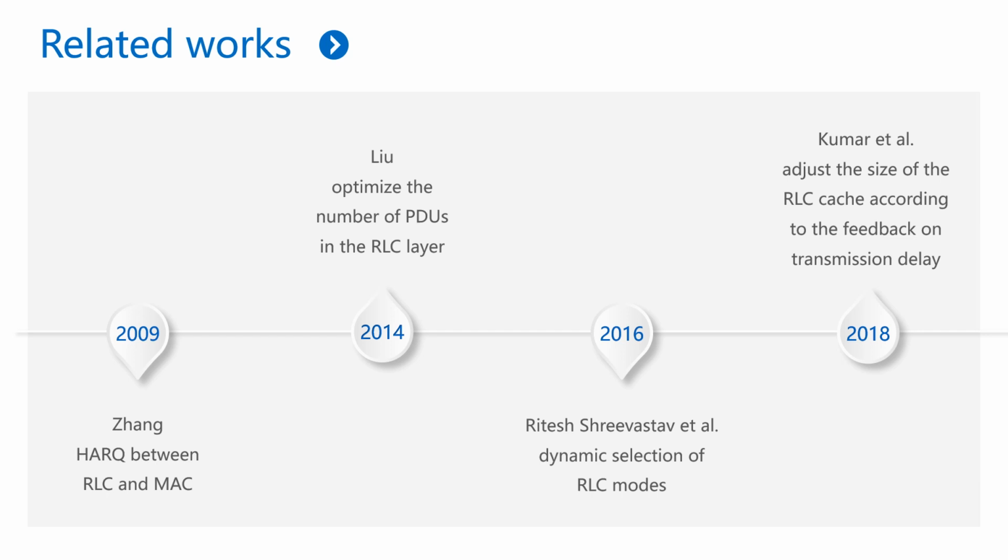In 2016, Ritesh improved system transmission efficiency through the dynamic selection of RLC modes. In 2018, Kumar dynamically adjusted the size of the RLC window according to feedback on transmission delay.